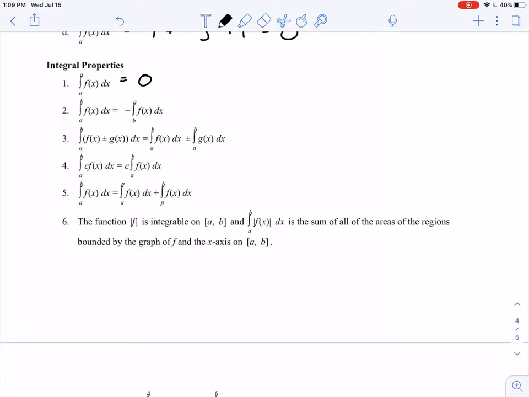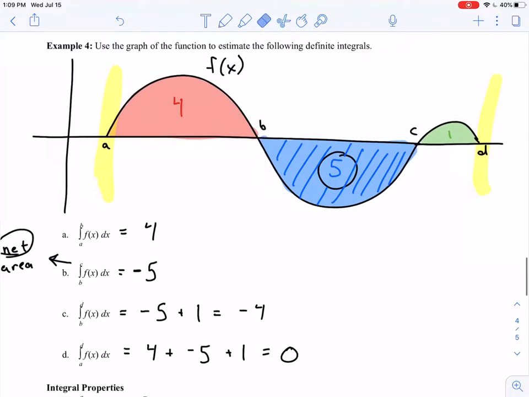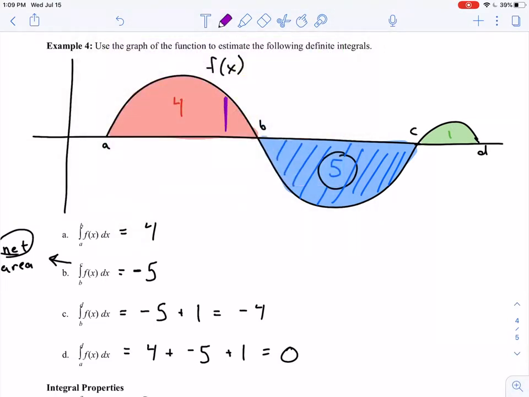If my lower limit of integration is the same as my upper limit of integration, even if I go back to this example and draw this in, let's say I'm talking about a different point, how about this point right here? Let's call this point E. If I want to integrate from e to e of f of x dx, I'm asking what's the area of this purple line that I've drawn in there?